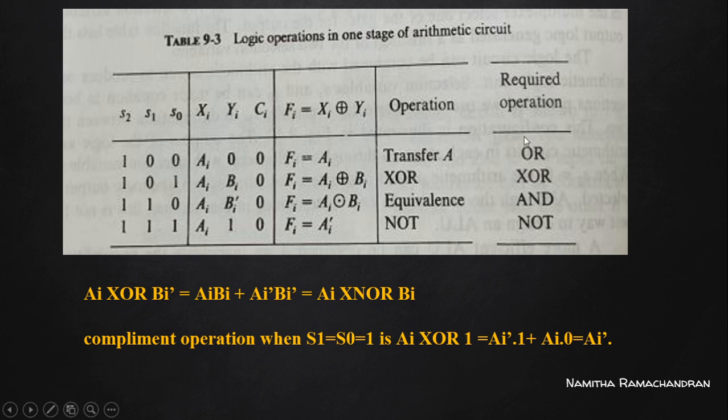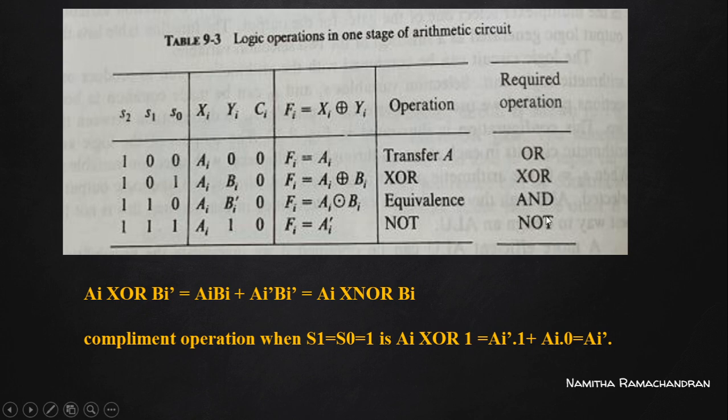Now our task is to convert this transfer operation to the required logical OR operation, and this equivalence or XNOR operation to the logical AND operation, by making changes over the input combination Xi and Yi.